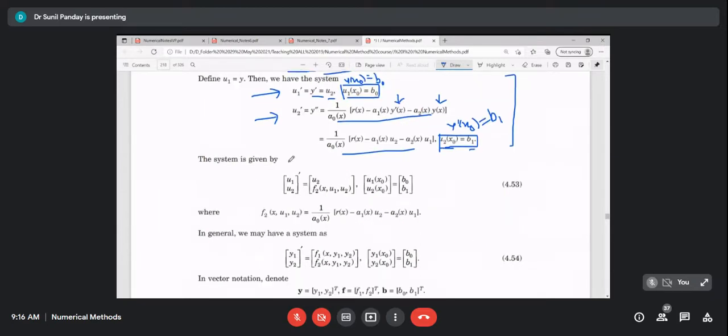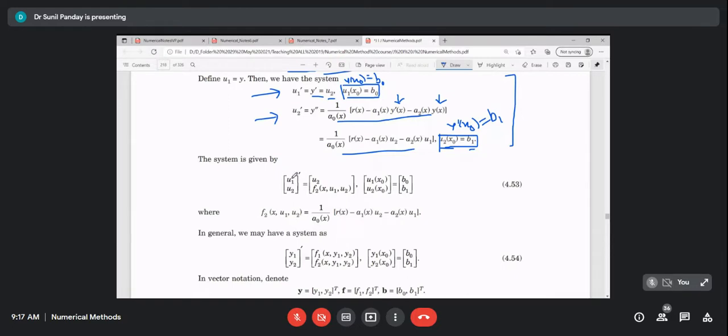Then we can write this in matrix form also, like u1 u2 dash. Here this dash is the derivative, not transpose. This dash operator will go individually to every entry of this column matrix u1 u2.